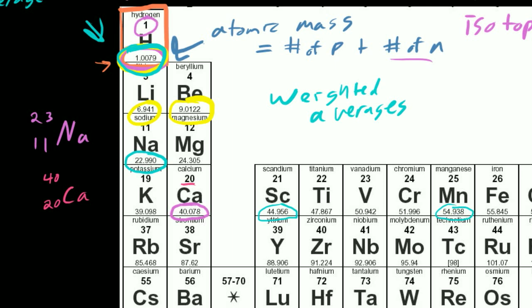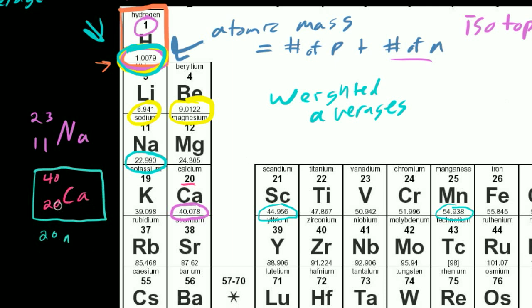And similarly, how many in this isotope? If we had this isotope of calcium, calcium 40 here, how many neutrons do we have in this atom? Well, we've got 20 neutrons, right?